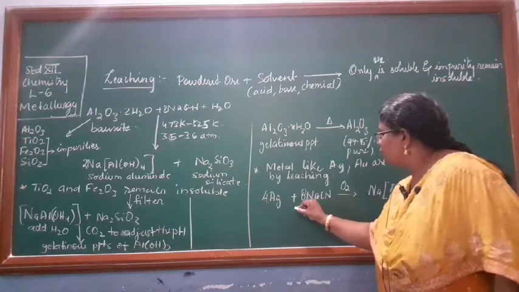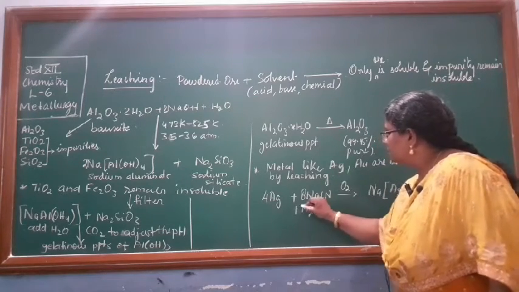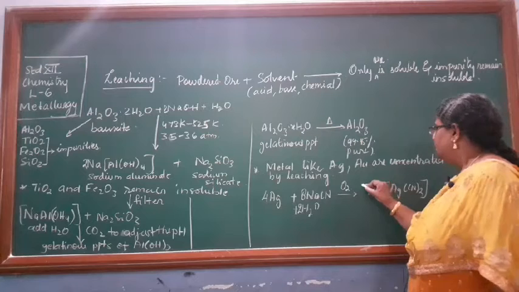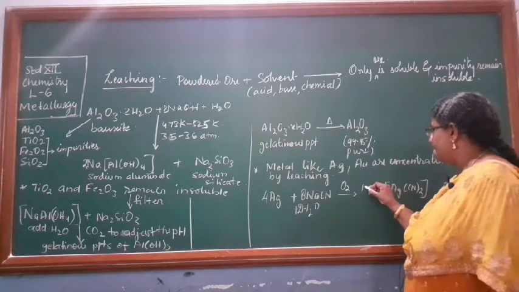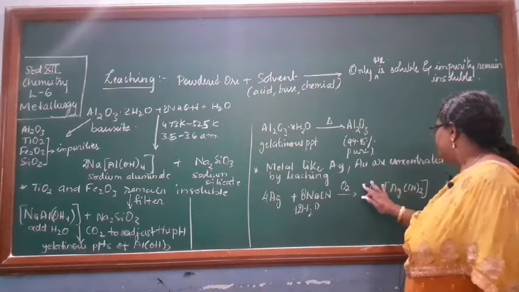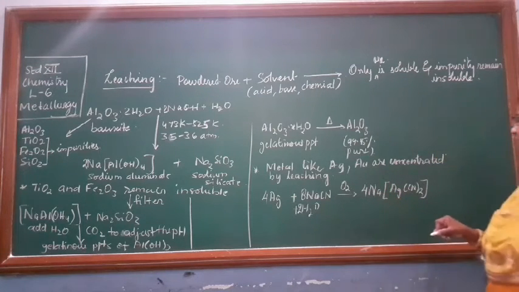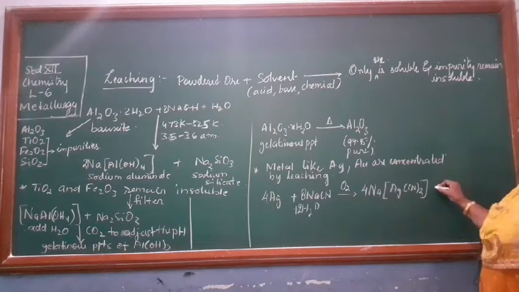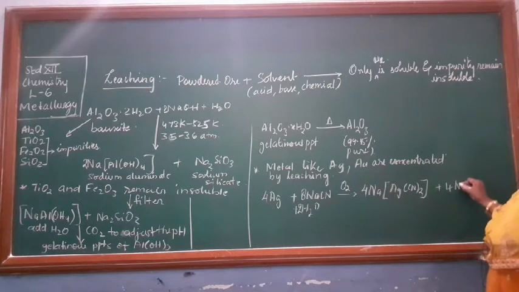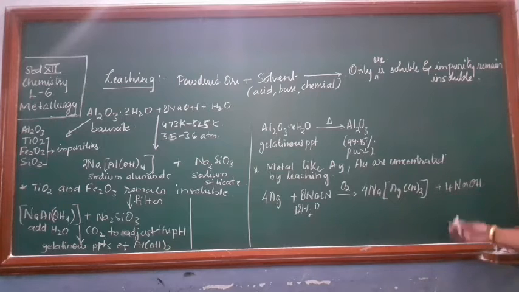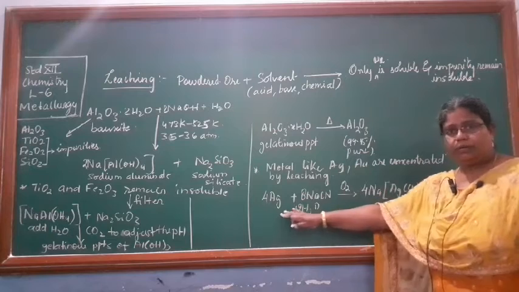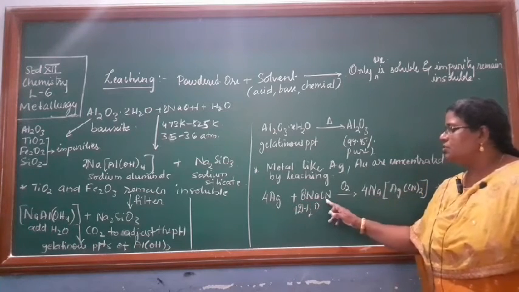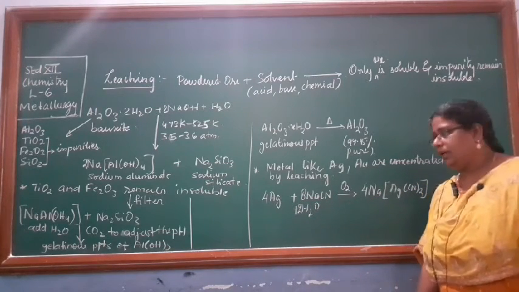Also H2O is there, plus O2, giving you 4 NaCN plus 4 NaOH. So this way you can balance it. Whenever you are using silver ore, you will use the solvent NaCN.